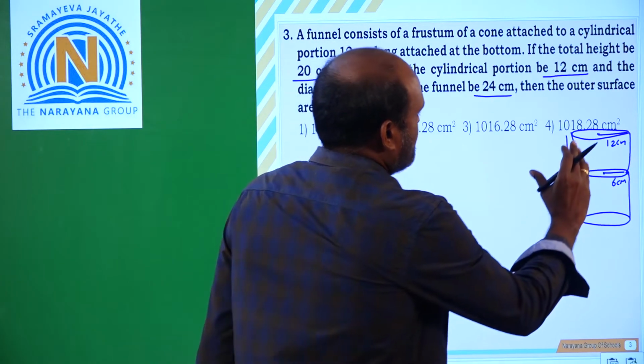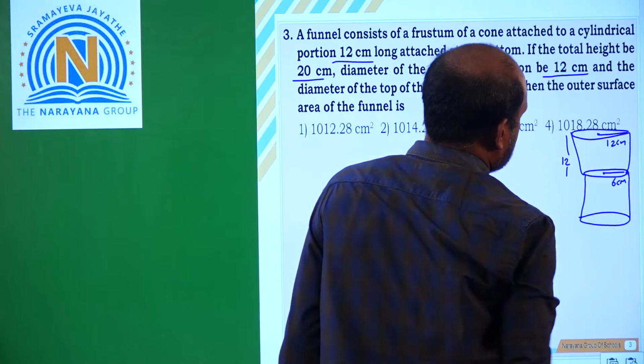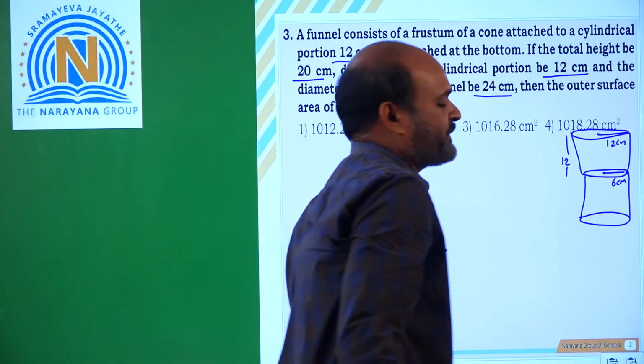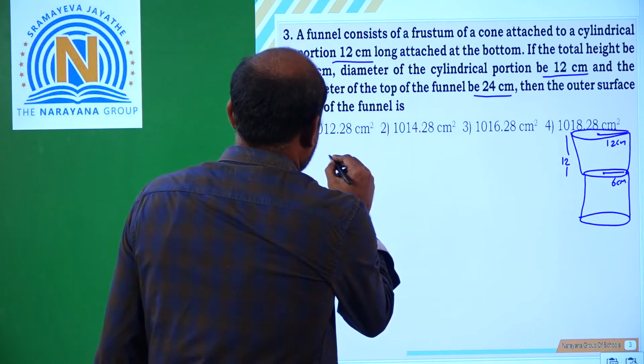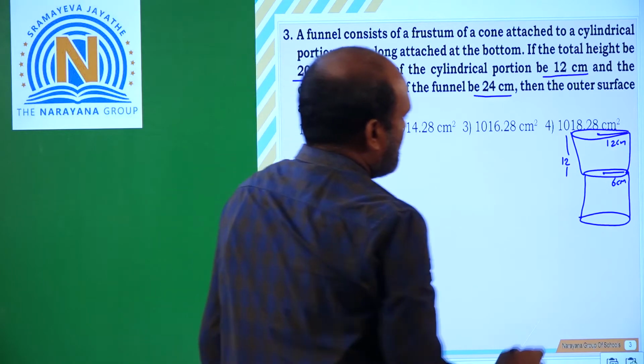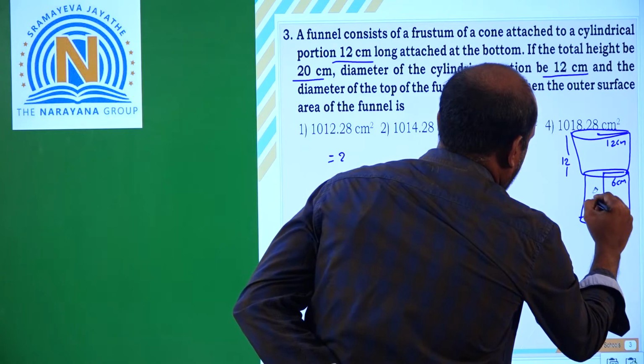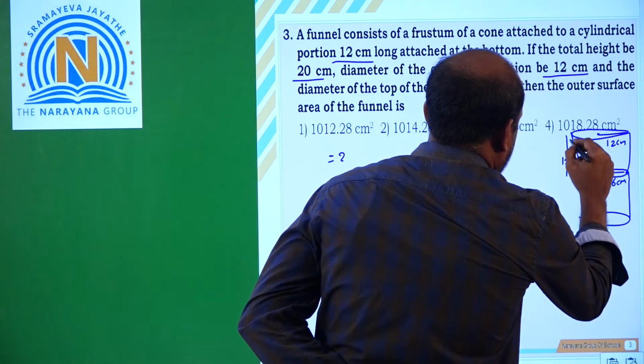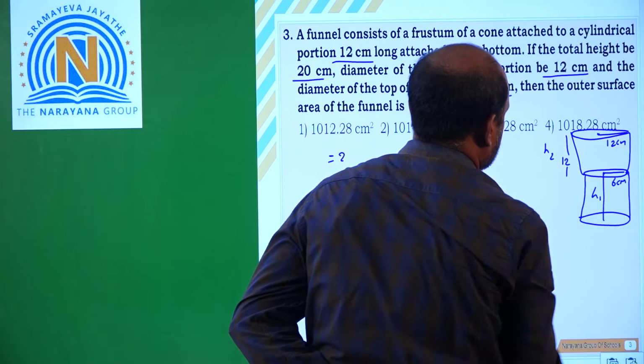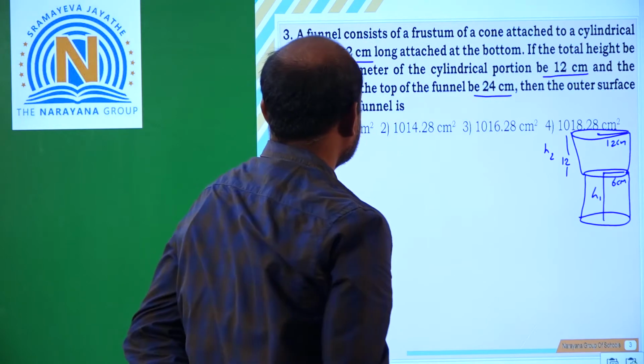Outer surface area is nothing but the lateral surface area of this frustum plus the lateral surface area of the cylinder. Suppose the height of the cylinder is h1, and the height of the frustum is h2.